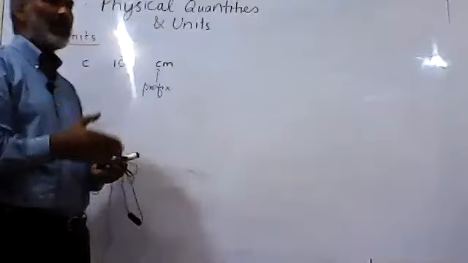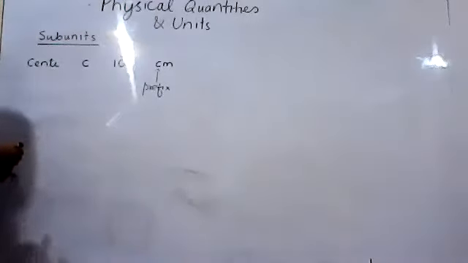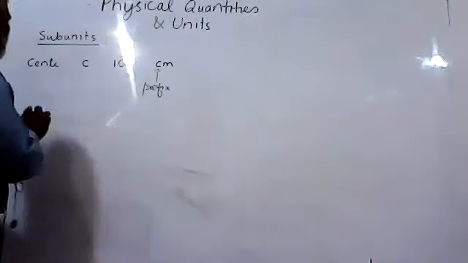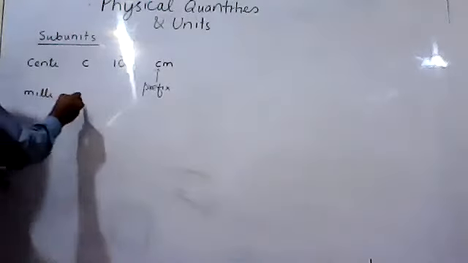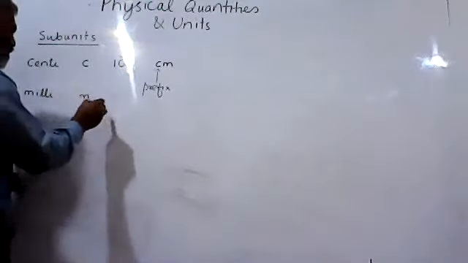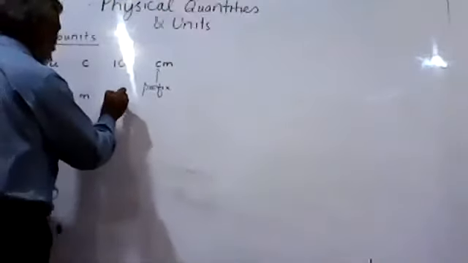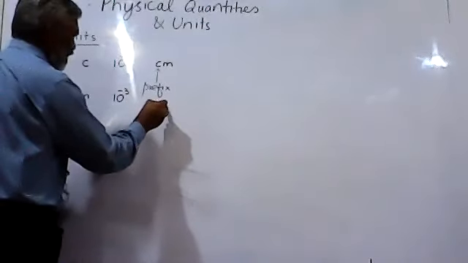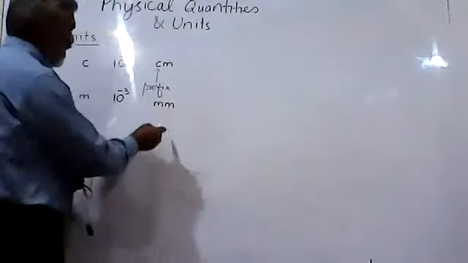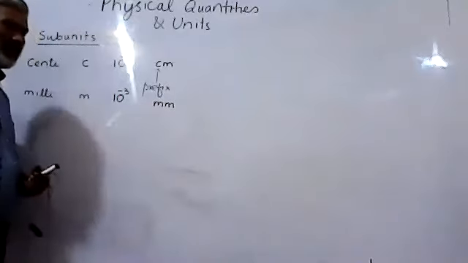Centimeter means 1/100th of a meter, but sometimes it could be even smaller, that is milli. And this is small m. It is 10 raised to power minus 3. And when written along with the meter, it is read as millimeter.